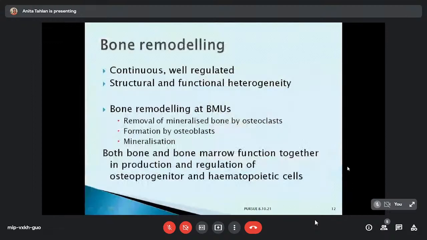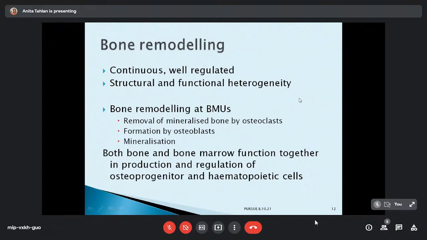So the bone remodeling is continuous, well regulated, and there is significant structural and functional heterogeneity, in the sense that in adult marrow, only the flat bones will have the red marrow, the rest will not, whereas in a neonate, the active marrow is present at almost all places.